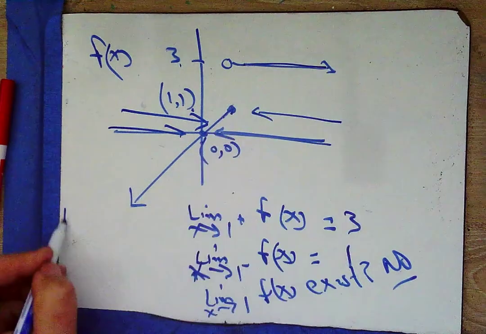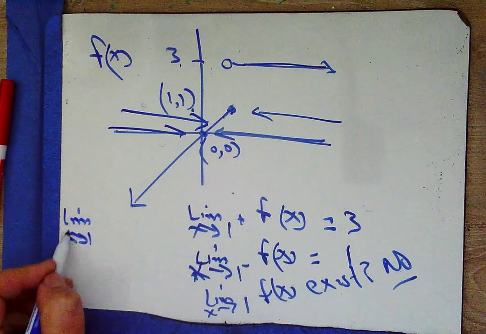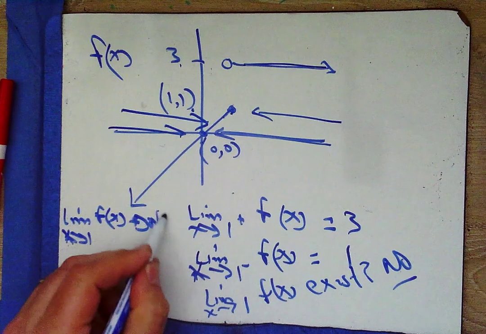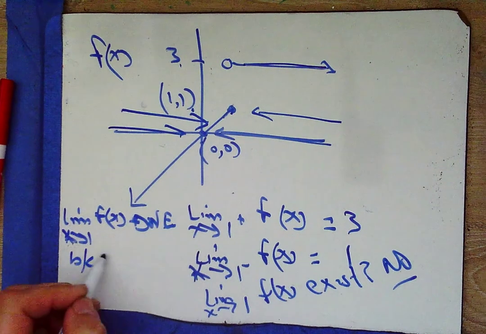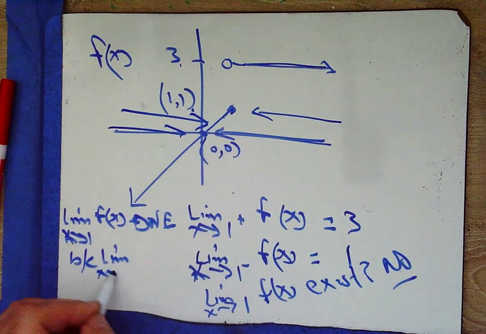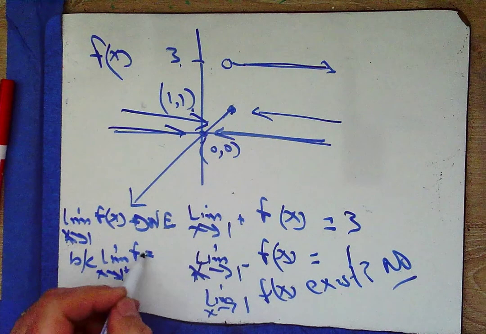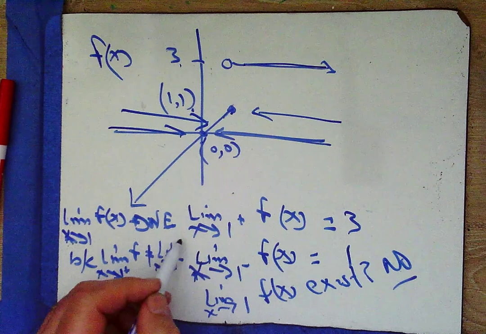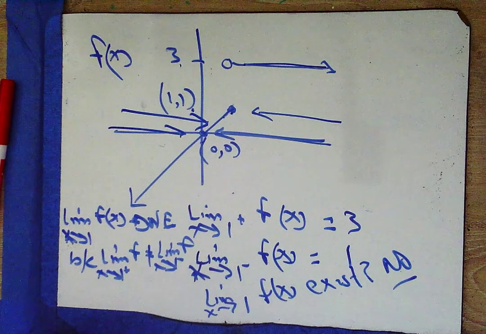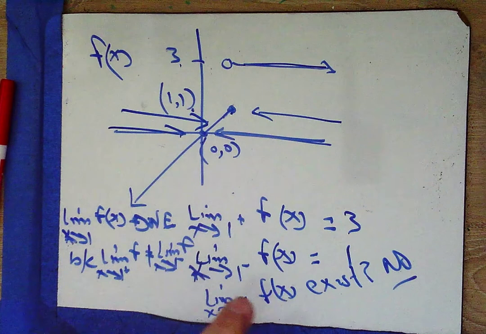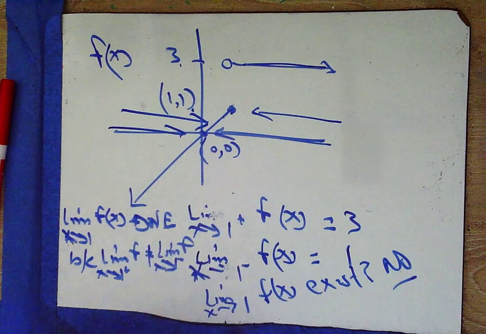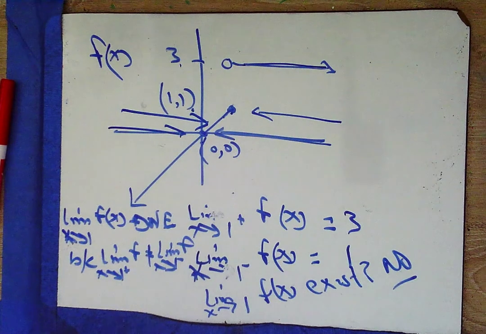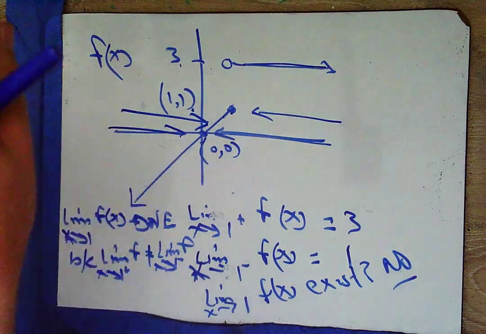Okay, so I'm going to say the limit as x approaches 1 of f of x does not exist because the limit as x approaches 1 from the positive side of the function does not equal the limit as x approaches 1 from the negative side of this function. All right, so the limits from both sides have to be the same in order for the limit at the point to exist. All right, how about this one?